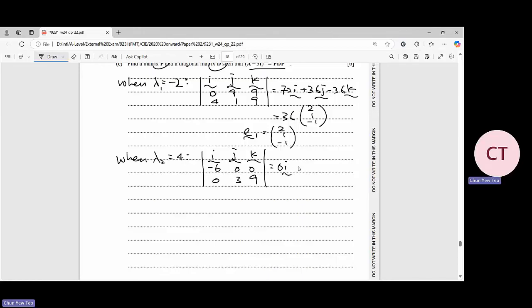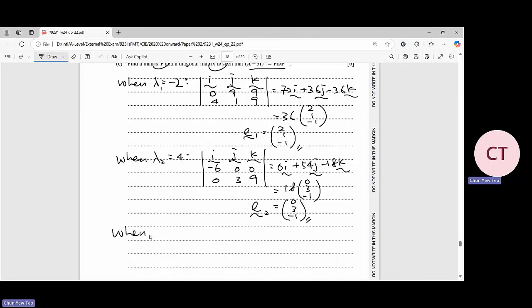You get 0i plus 54j minus 18k. So you factorize the 18 out, and you get 0, 3, negative 1. Therefore, your second eigenvector will be 0, 3, negative 1.